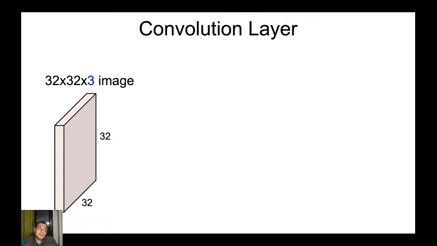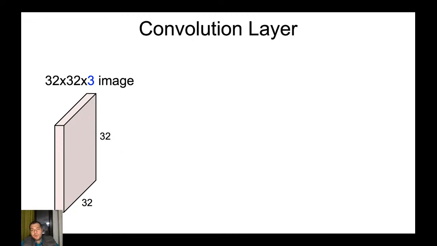The convolutional layer is mainly useful for images, and it is inspired by the human visual cortex. So it is naturally designed for images, but it was later applied also on text and other types of data.